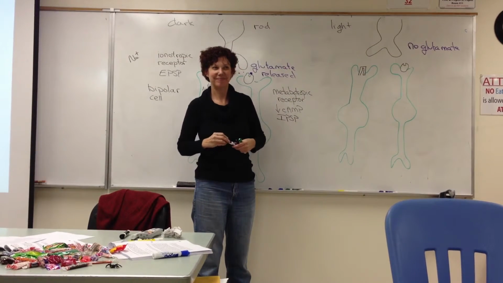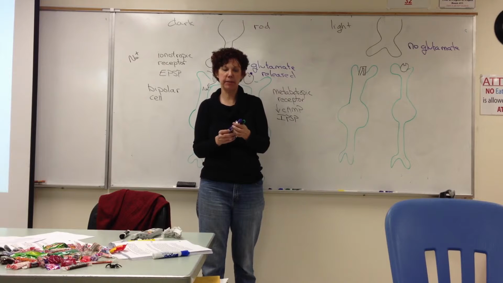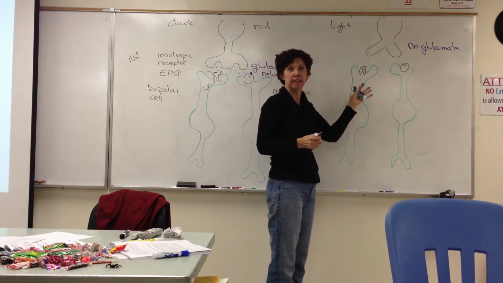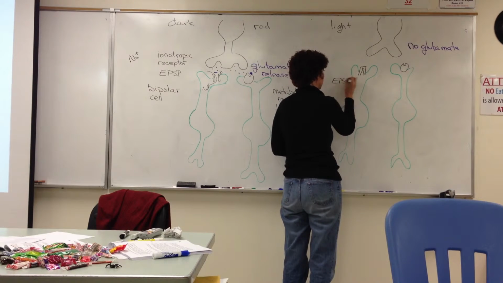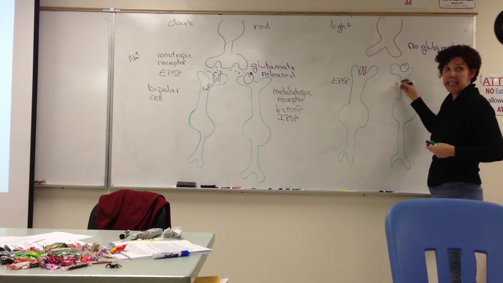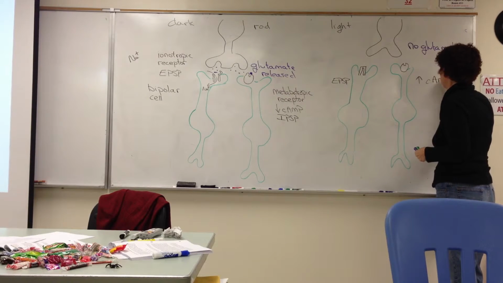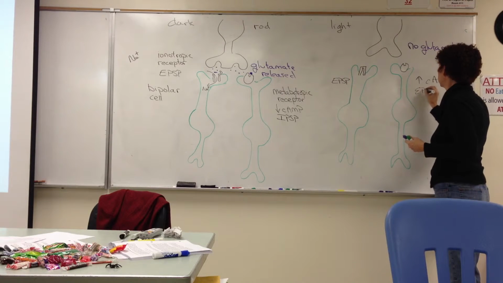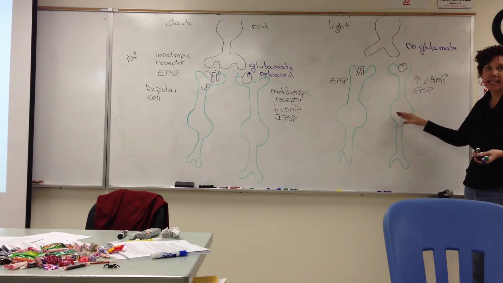So now the opposite is seen. We don't open the ionotropic receptor, and so the inside of the cell is less likely to depolarize, less likely to release a neurotransmitter. This side of the cell is going to keep its cyclic AMP, so cyclic AMP is going to increase, and it's more likely to have other channels open and form EPSPs. So the exact opposite occurs. And it just depends on how many of these are activated.